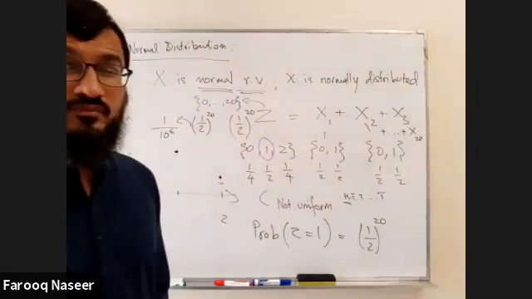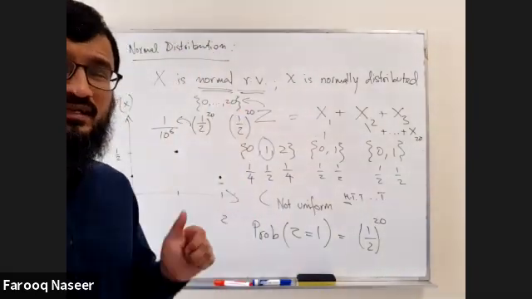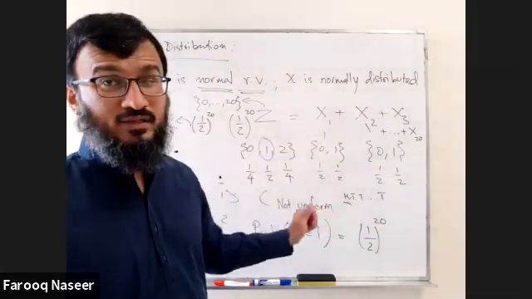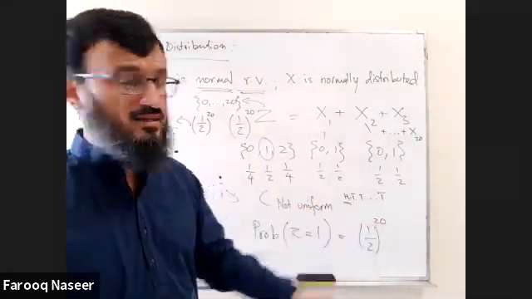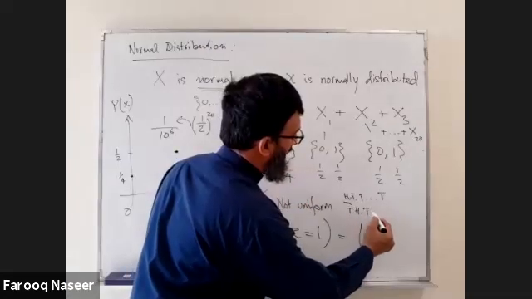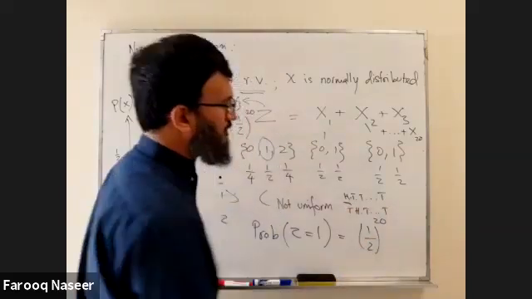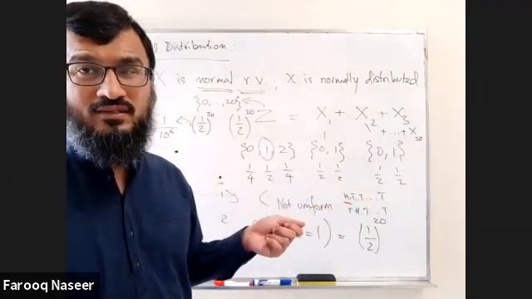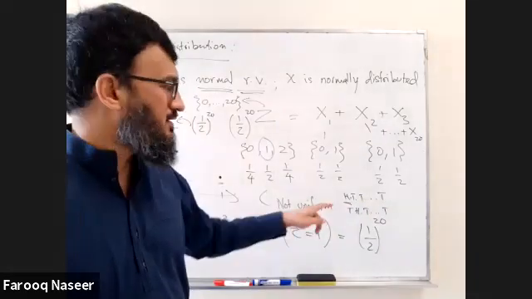So how many different ways of getting exactly one head in 20 throws? The first throw could be heads and the rest are tails. The first could be tail, the second is head, and the rest are tails, and so on. So basically in 20 throws में से कोई सा भी heads हो सकता है और बाकी सारे tails हो सकते हैं.